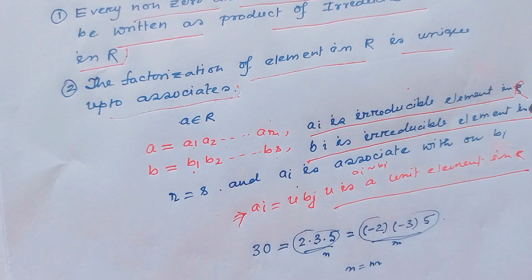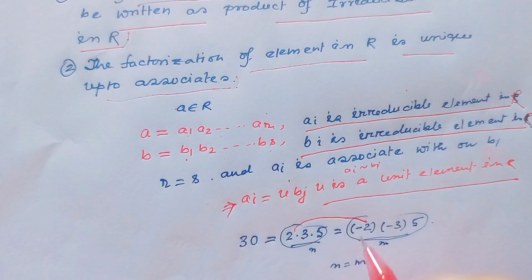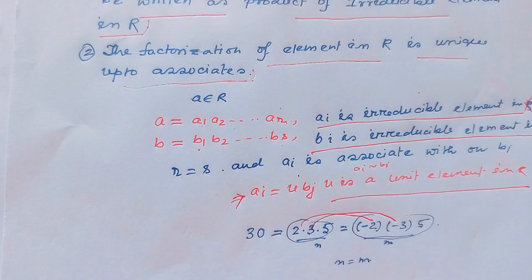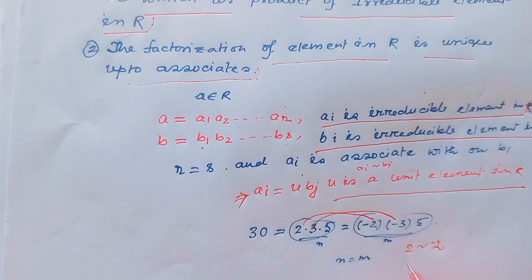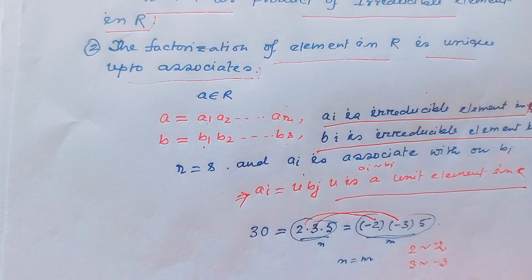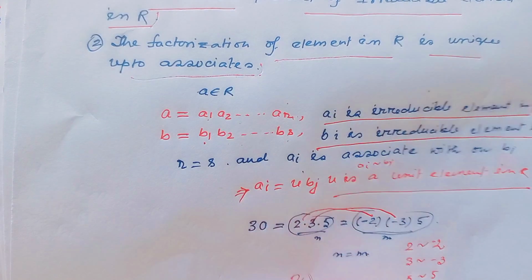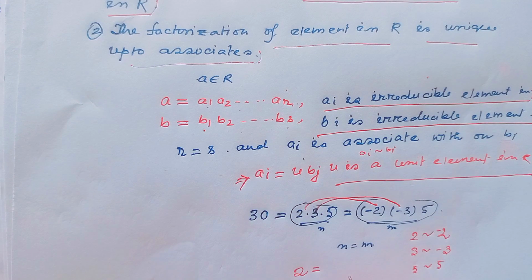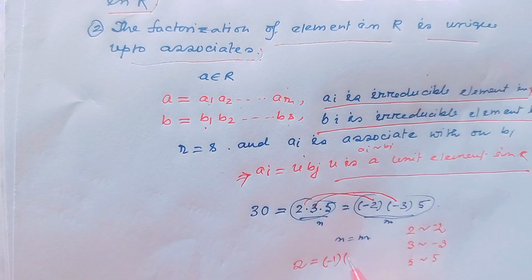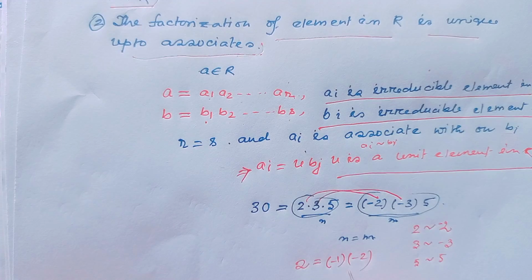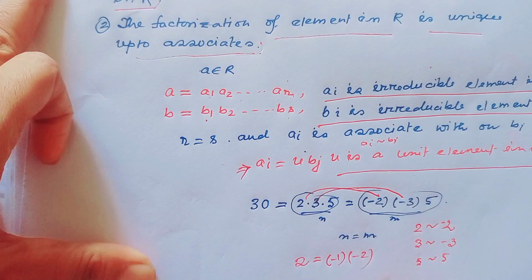Also, 2 is associate with minus 2, 3 is associate with minus 3, and 5 is associate with 5, because 2 equals minus 1 times minus 2. Here minus 1, we all know, is the unit element in integers.